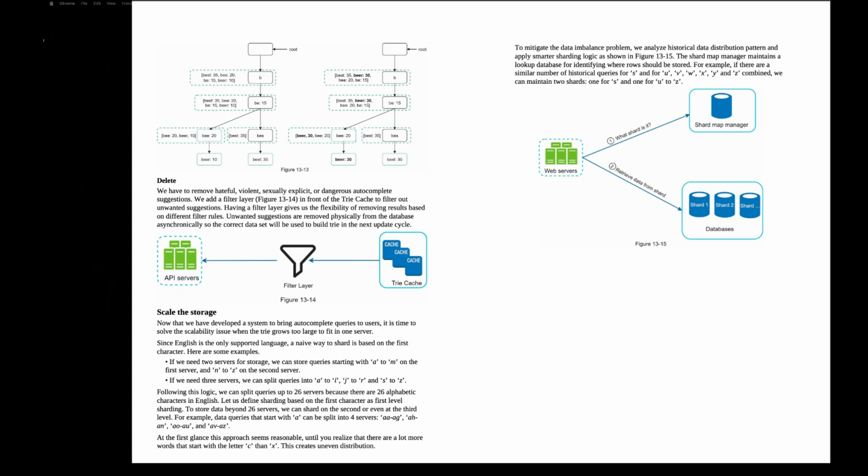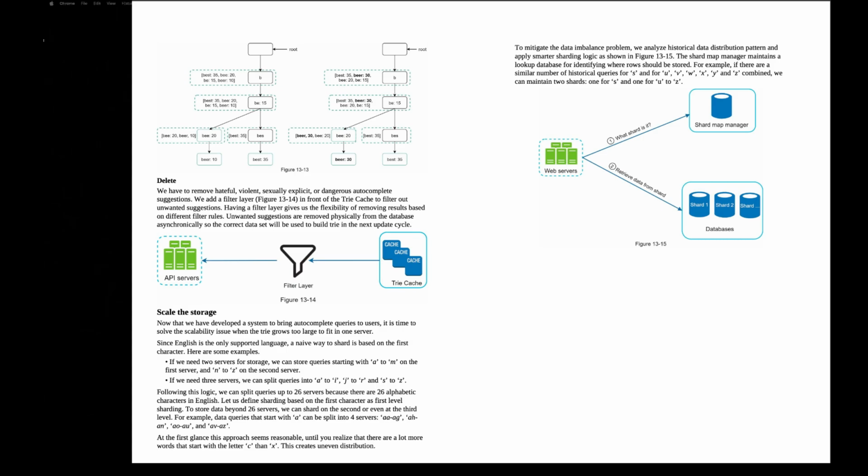One thing is they can have dynamic sharding. Let's say at present A has 10, B has 12, and C has 15, then distribute it accordingly. But if A increases to 30, then give one shard to this and combine the rest of the shards.